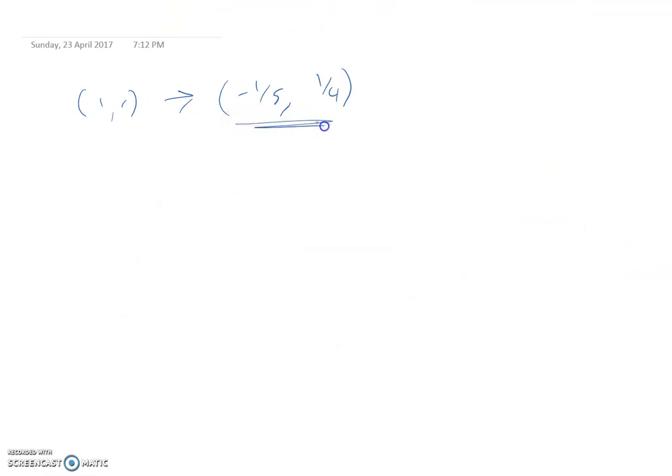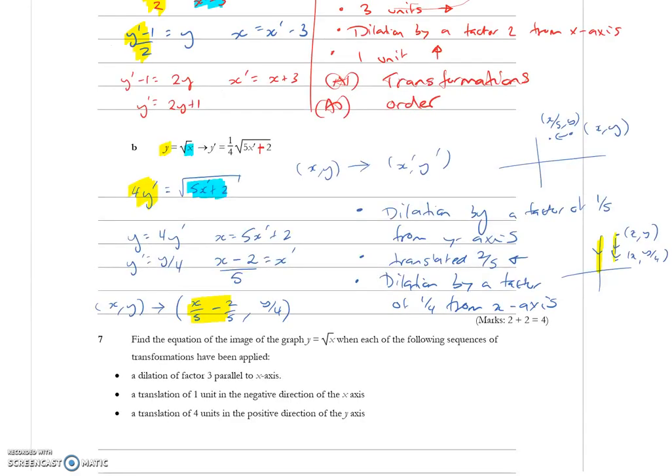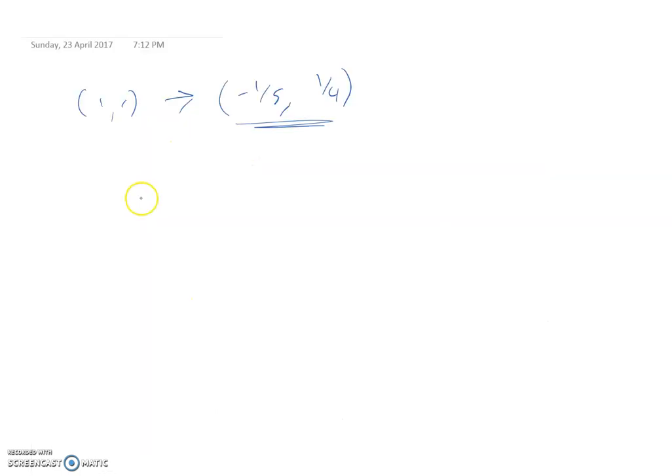So if I sub in the x and y coordinates into my image equation, I should get back something that makes sense. So y' is a quarter root 5x plus 2. If I sub this in, negative 1/5, I should get back a quarter.